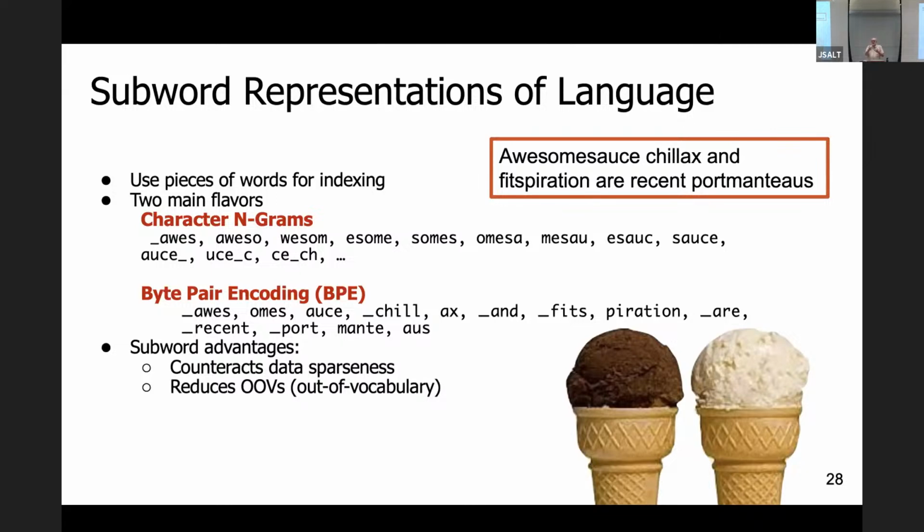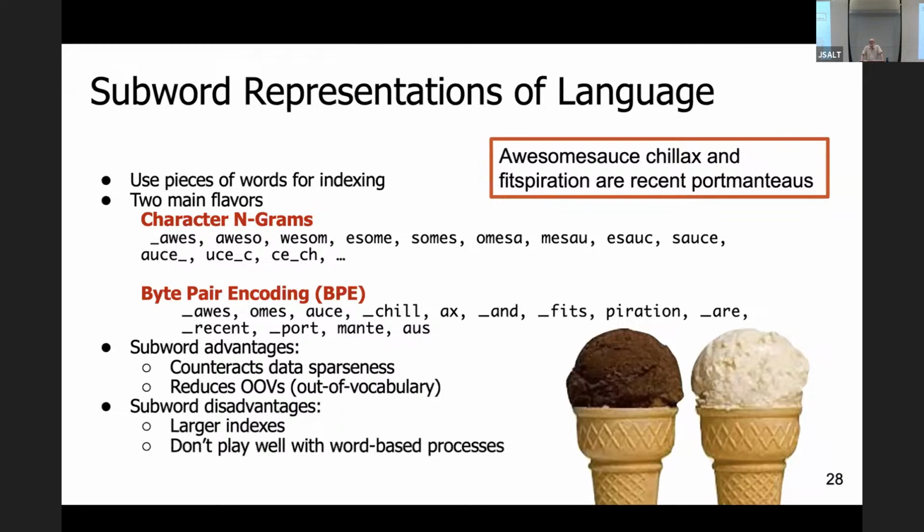If you're just using words, that term is lost as an indexing term. But if you can break it down into pieces in such a way that the pieces occur in the documents, even though that particular way of putting them together does not, then you have a much more effective system, because you're getting information about parts of the word, even though you don't have information about the whole word.